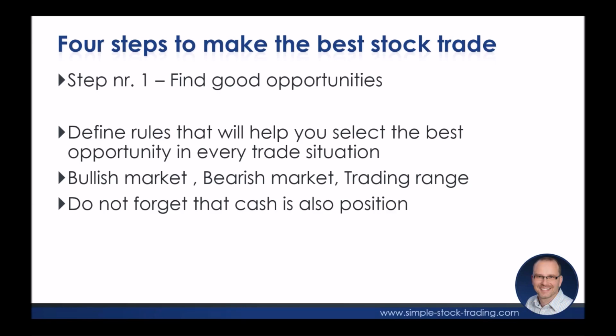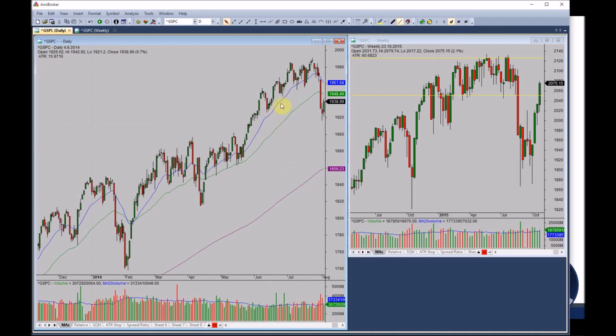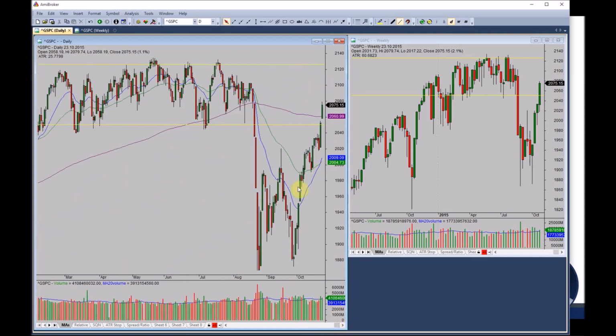So let's look at some market situations. Here you can see the S&P 500 index, and if I go here, this is a typical uptrend situation. So this is a bullish trend situation, and you want to execute bullish trades during this time. Of course, this is the exact opposite.